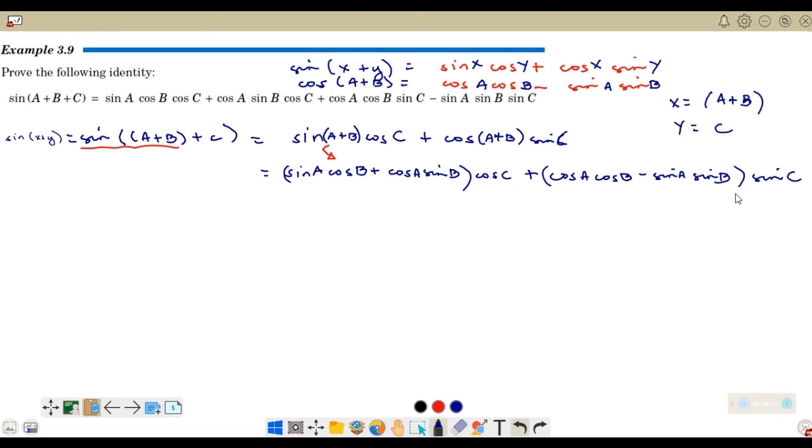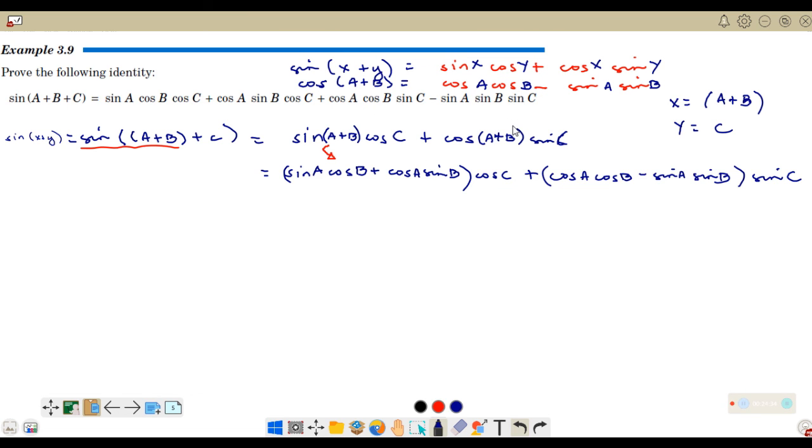Okay. Now, we are going to look for common factors between them. So, dapat mapalabas kasi natin ganito. Sine A, cosine B, cosine C. Cosine A, sine B, cosine C. So, how are we going to do that?